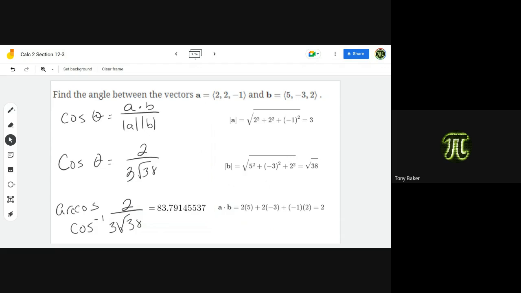Any questions on that? All right. What are some use cases for this? What are some things that we might want to find if I just give you 2 random vectors? What are some important things that we might want to look for?